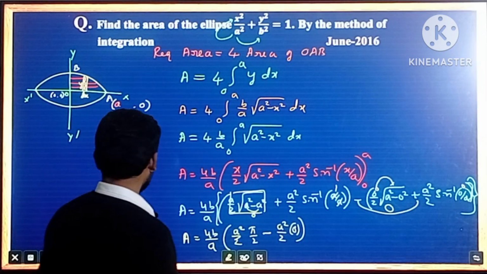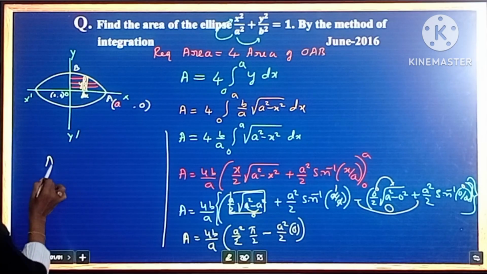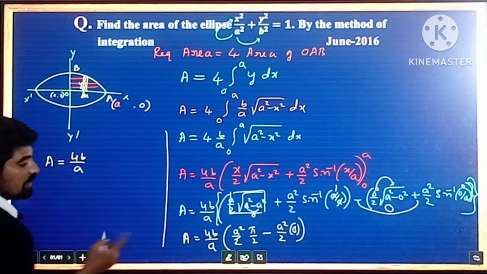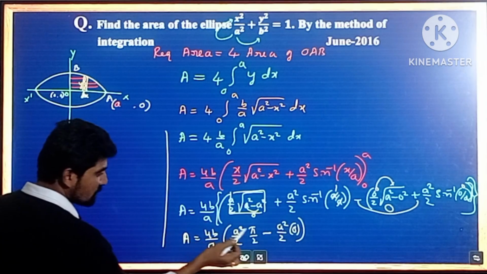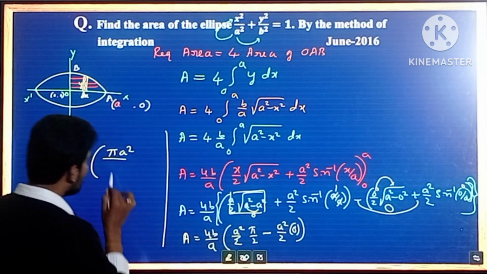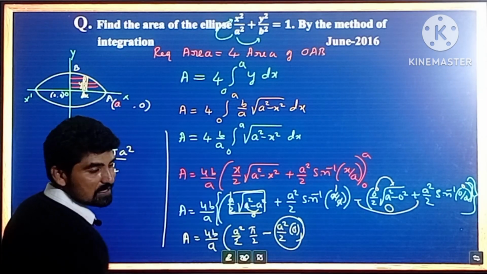Now see here, area is equals to, required area A is equals to 4b by a into, what remains: a square into pi by 2 into 2, that is 4. The second term is 0, a square by 2 into 0 is 0.